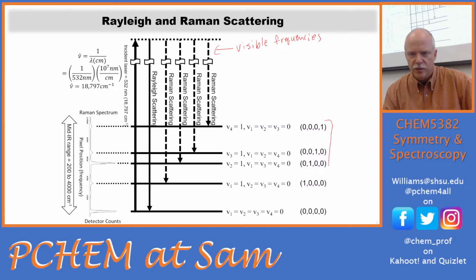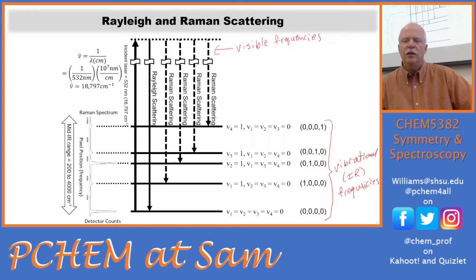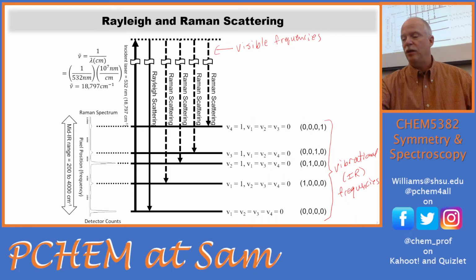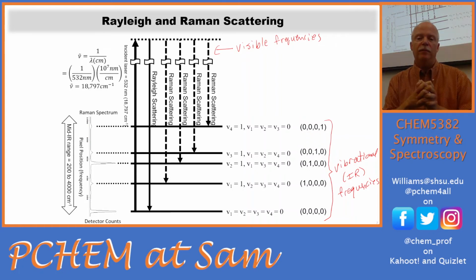And of course, these differences here are small, so we're getting vibrational information using visible light. That's fantastic. That can't be overstated because it's a real pain to deal with infrared light.